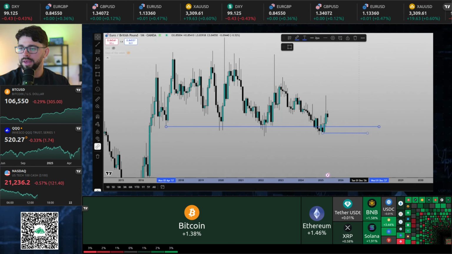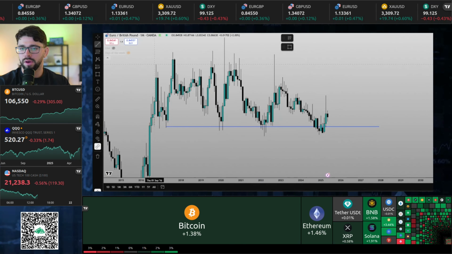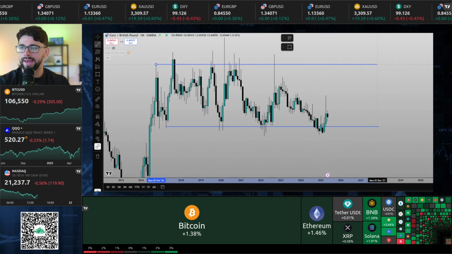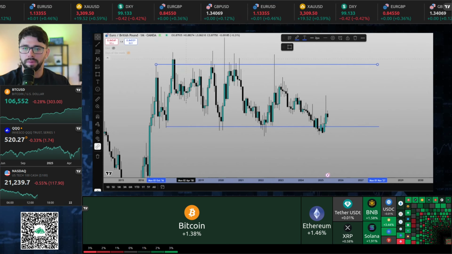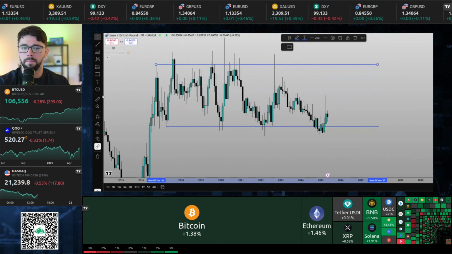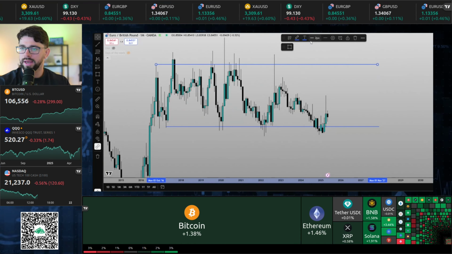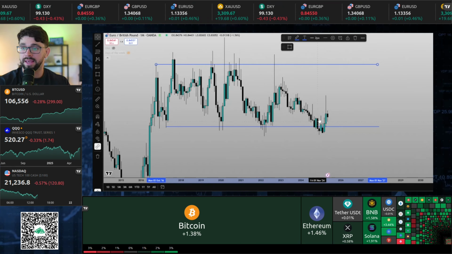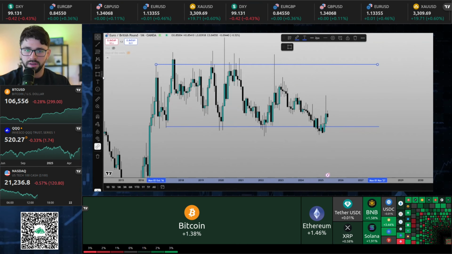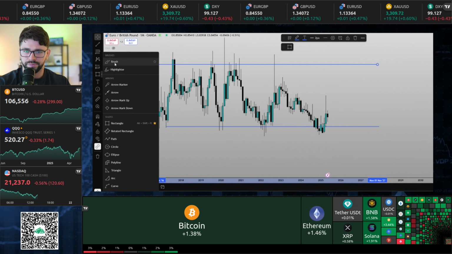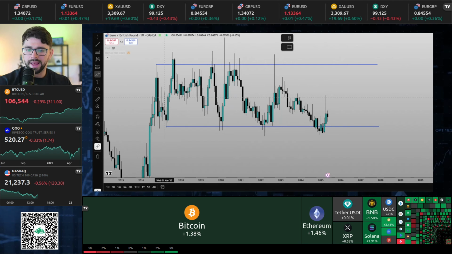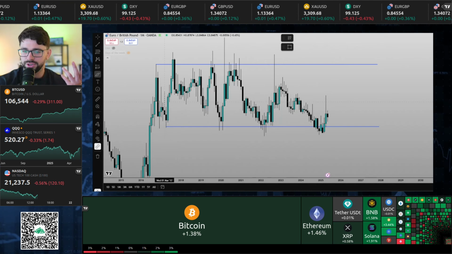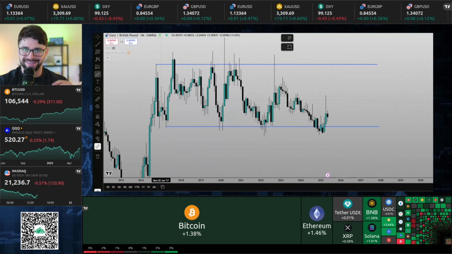So if we pull in some lines here and mark out 80% of it, these deviations here are not important. I want to know where the most price action has happened, and it's in this area. Now, we've been in this range since 2017.